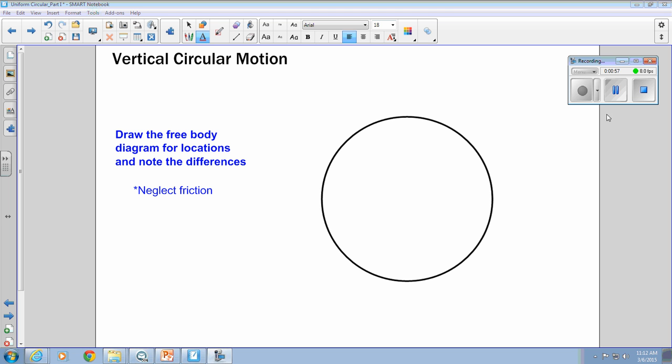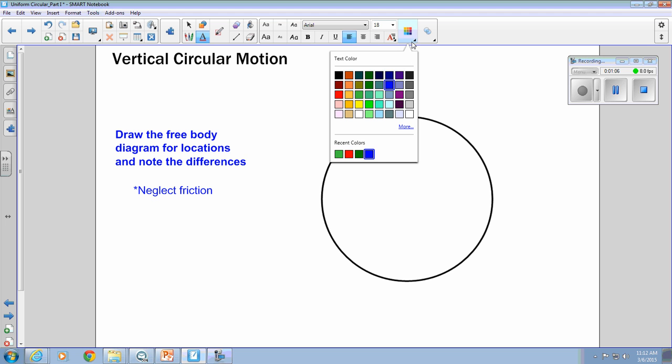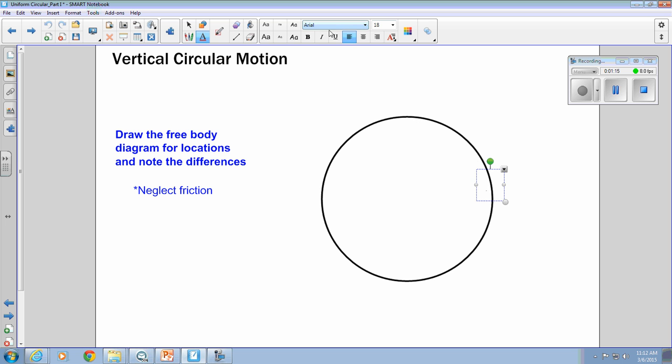If we analyze the free body diagrams for four different locations on this circle, we start to see some interesting things happening. So let's analyze this circle at four different spots.